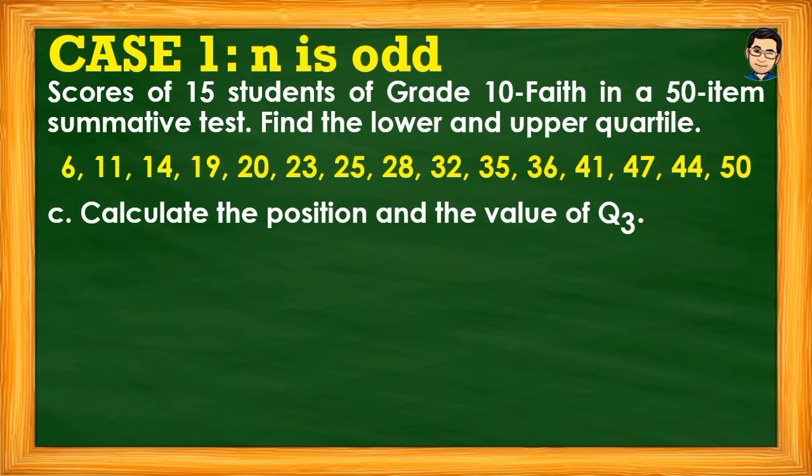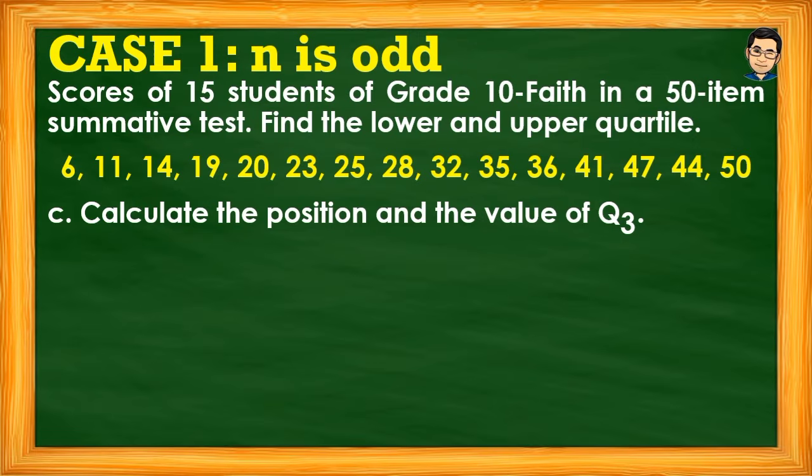Next, calculate the position and the value of quartile 3. Okay, so kung kanina, lower quartile, Q sub 1 ang kinuha natin, ngayon naman, we will be calculating the position and the value of quartile 3, the upper quartile.